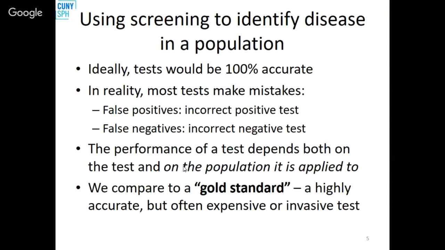And the reason is because its performance in a population depends both on its false positive rate and its false negative rate, or its specificity and its sensitivity. And one of those applies to the people who do have the disease, and the other applies to those who don't have the disease. So in order to know that overall performance, you have to know that proportion who do and do not have the disease.